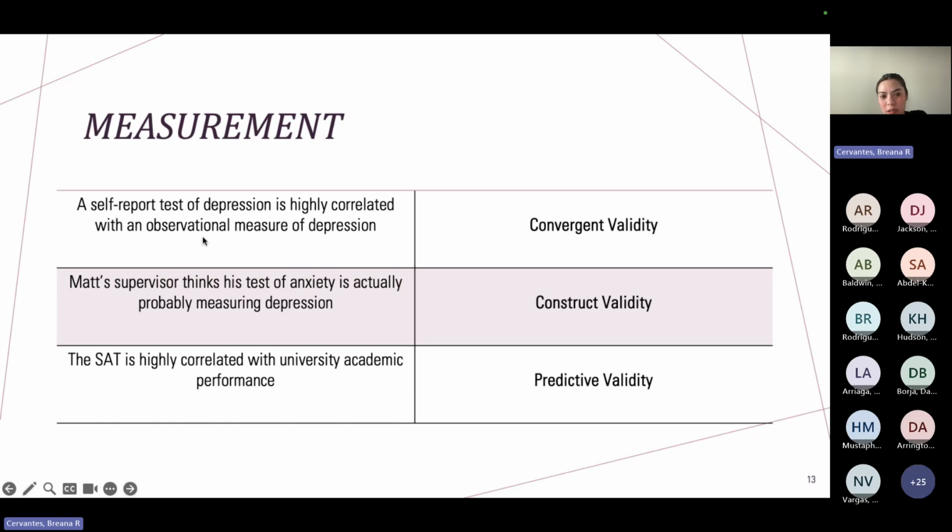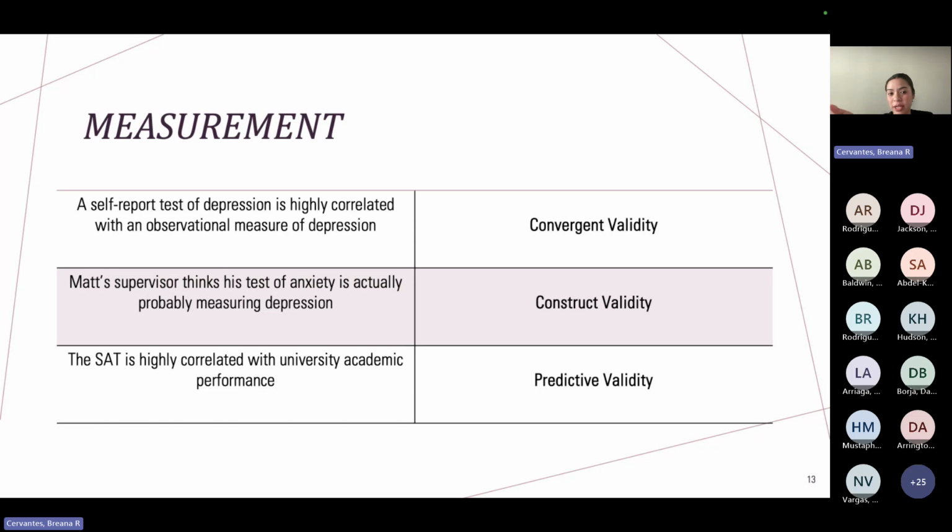So a self-report test of depression is highly correlated with an observational measure of depression. I might give the PHQ, the Patient Health Questionnaire, which is a brief self-report measure of depression. I think it's 9 items and it quickly goes through the criteria for major depressive disorder in the DSM.